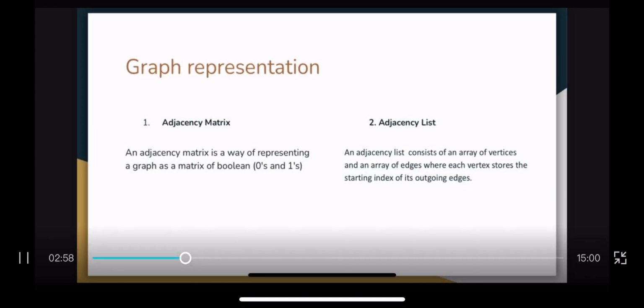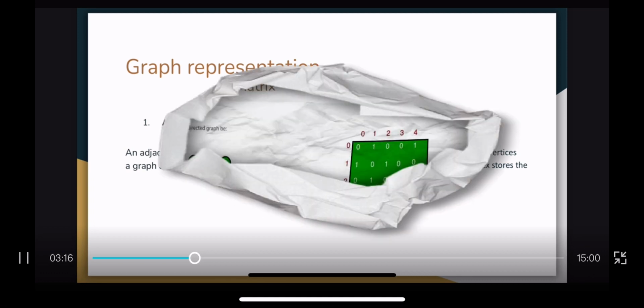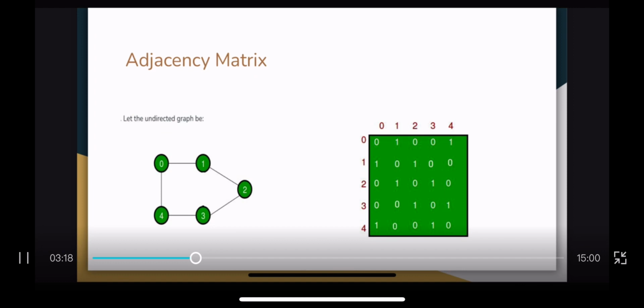When it comes to implementing graphs, we usually use one of two main representations, and the first one is the adjacency matrix. This method represents a graph as a square matrix where rows and columns correspond to the vertices. In the example above is an undirected graph.